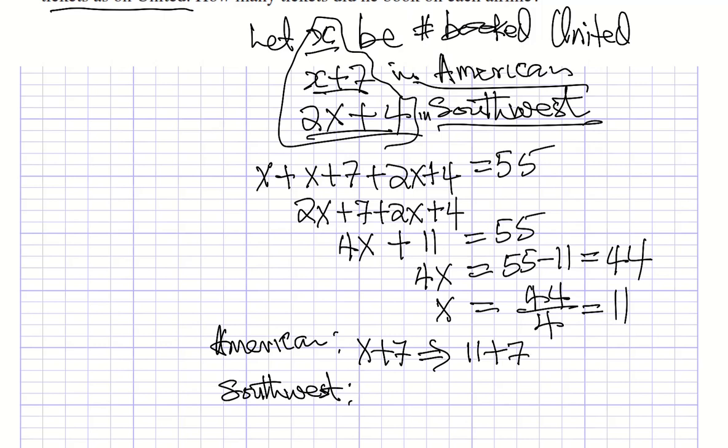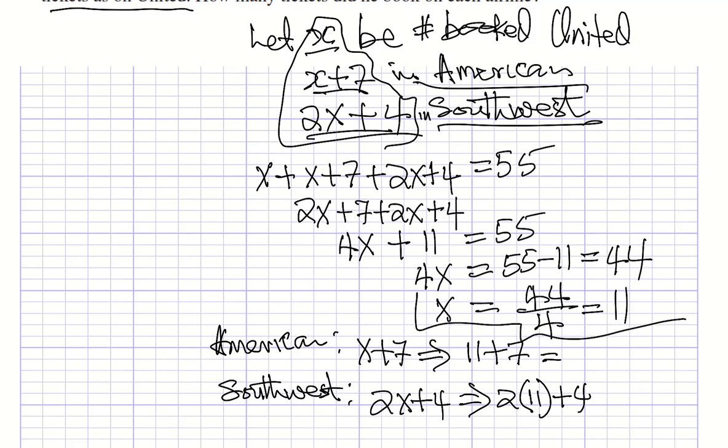What he booked in Southwest is 2x plus 4, right? Which is the same thing as 2 times 11 plus 4. So this is equal to what? This is 18, and this is 22 plus 4. That will give you 26. You see all that, right?